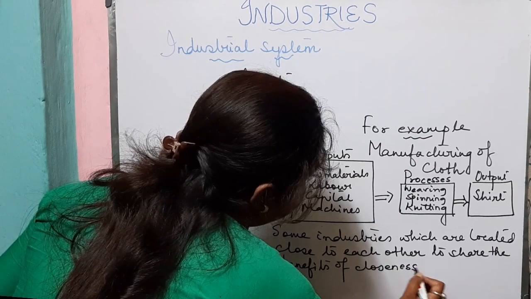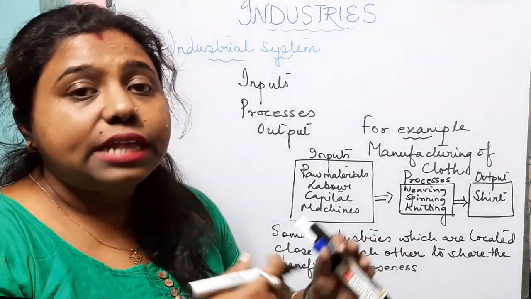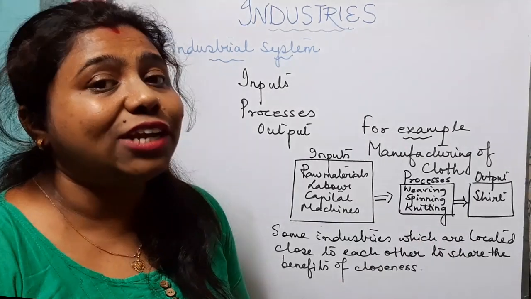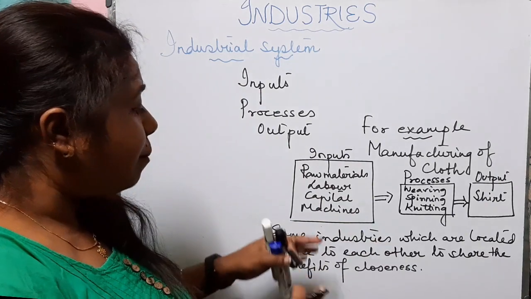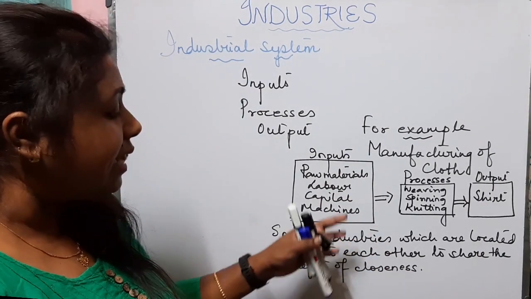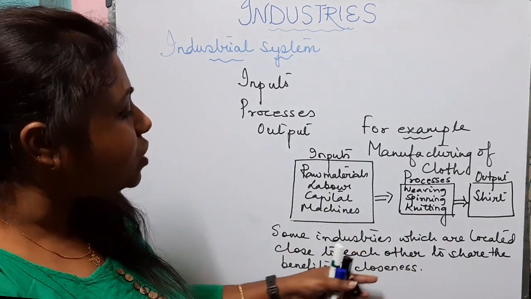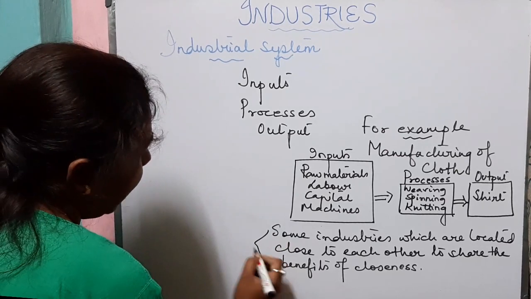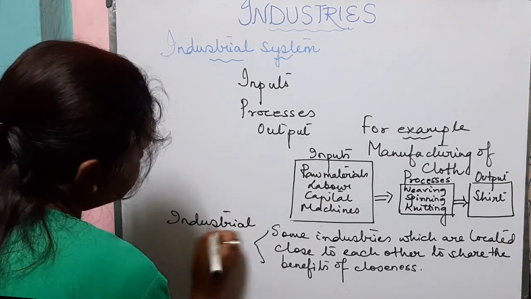For example, if many industries are located close to each other, the transportation cost will get reduced. So that will be a benefit which will be shared because of the closeness of the industries. The industries which are located close to each other to share the benefits of closeness are known as industrial regions.